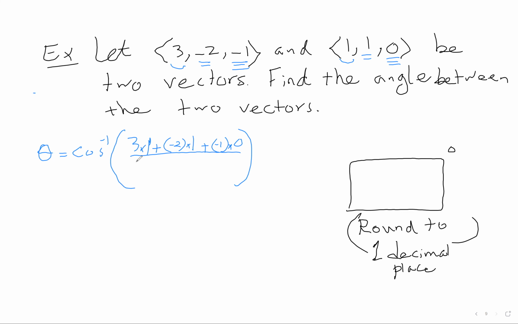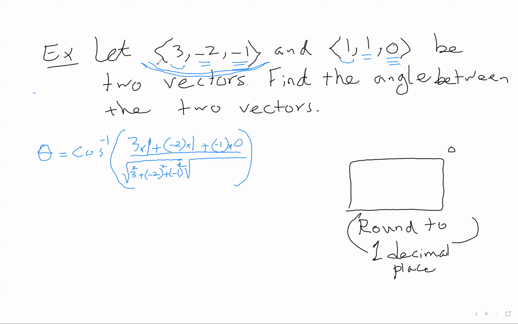In the denominator, we use the length of these two vectors, radical of 3 squared plus -2 squared plus -1 squared. This is the length of the first vector, this vector here.